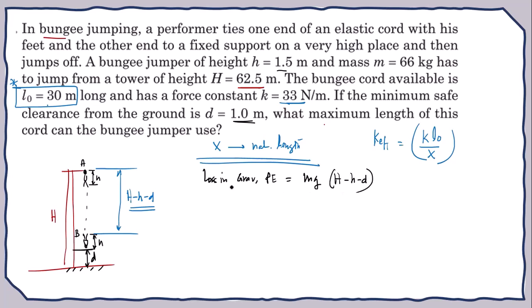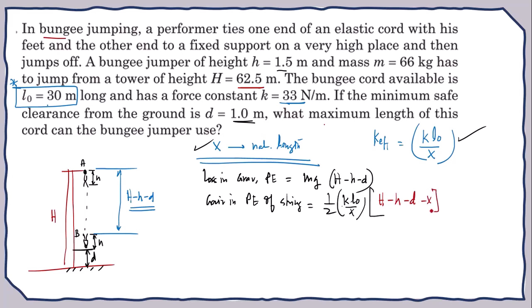The gain in potential energy of the string is half k x square, where k is k effective, so k L0 by x. The elongation is capital H minus small h minus d minus x, since x is the natural length and the string has been extended by this much from the natural length. So it is half times k L0 by x times capital H minus small h minus d minus x, whole square.